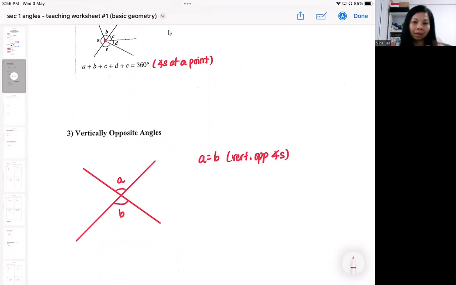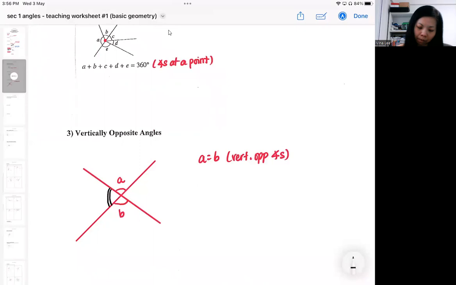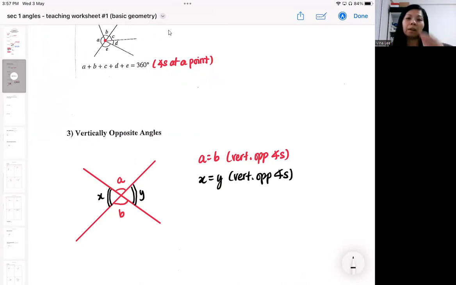So you must write the reason. Similarly here, they are also the same. So x is equal to y because they are vertically opposite angles. You must write the reason.